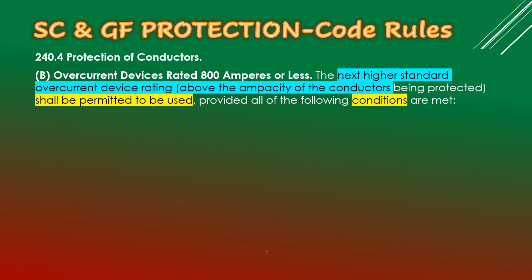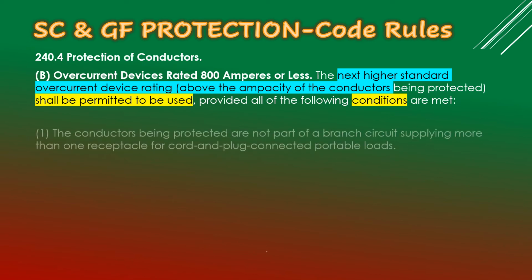So the code allows us to use the next higher standard rating of overcurrent device above the ampacity of conductors, provided we note and follow these following conditions.